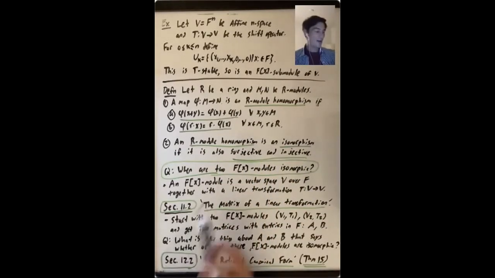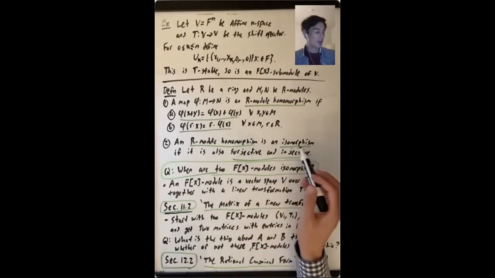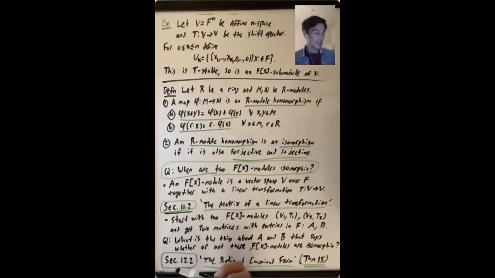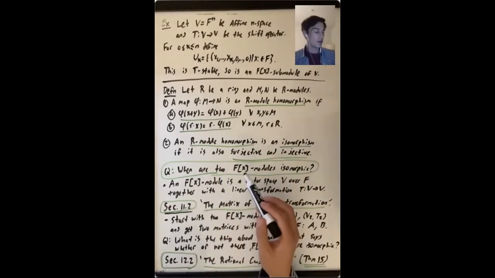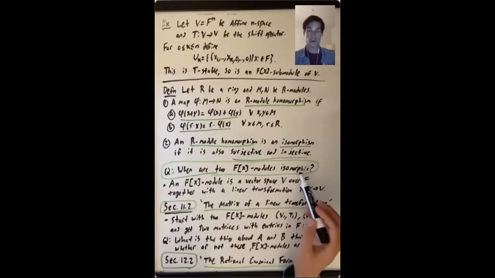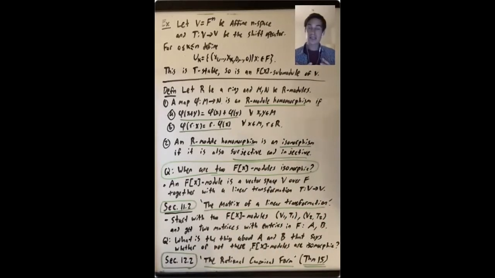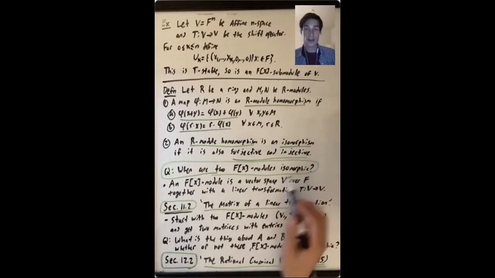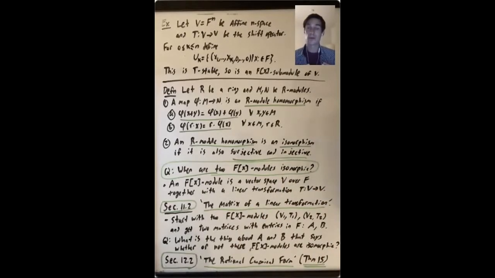Okay, so now that we understand what an R module isomorphism is, we can ask, when are two F[x] modules isomorphic? Why am I asking this question now? Because this question is motivation for a lot of the linear algebra that we're going to talk about at the end of this course. So remember, an F[x] module is a vector space V over F together with a linear transformation T from V to itself.